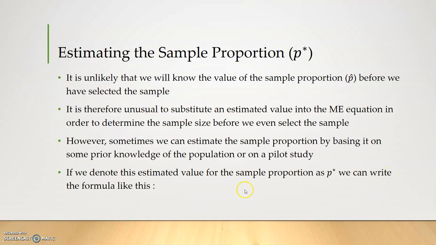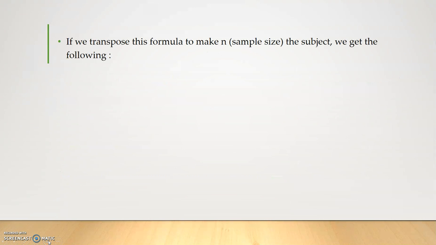If we denote this estimated value for the sample proportion as P asterisk, we can now write the formula like this. The margin of error is equal to 1.96 times the square root of P asterisk times 1 minus P asterisk over n, where P asterisk is the estimated sample proportion. If we transpose this formula to make n the sample size the subject of the formula, we get the following.